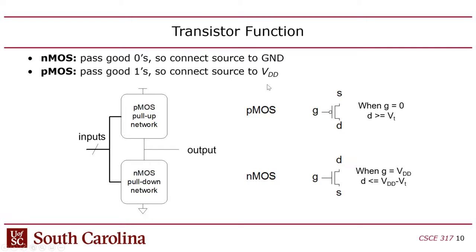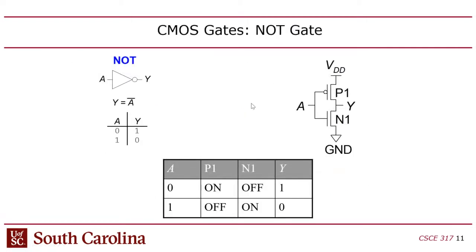And as a result of that, in every CMOS gate, anytime the output is going to be 0, at least one of your inputs has to be 1, so it can activate an NMOS and pull down. So any row in the truth table that has a 0 has to have at least one input that is 1.